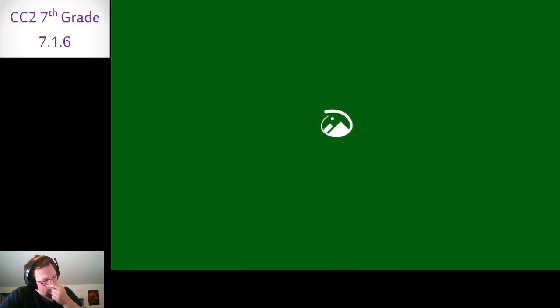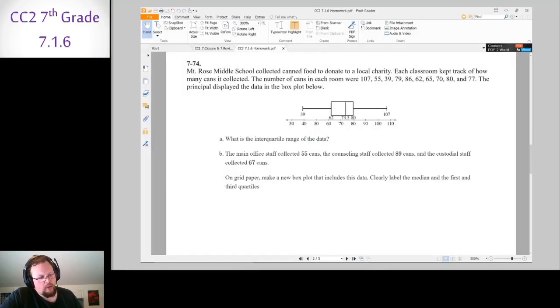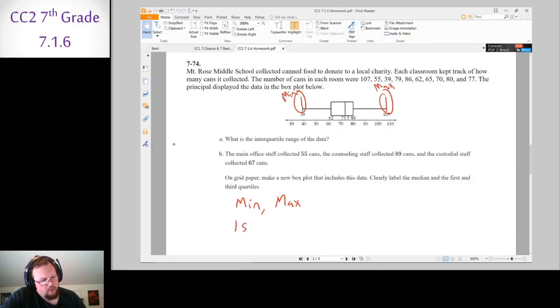And your box plot should have 5 different locations on it. It should have a minimum and a maximum, right there. It should have your first quartile, which is also named the lower quartile, which would be this line right there. It has your upper quartile, or your 3rd quartile, which would be that one, and then here is your median.